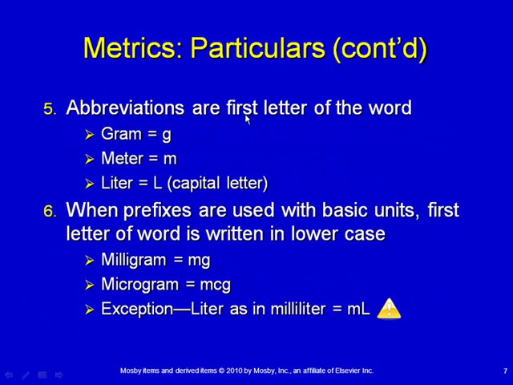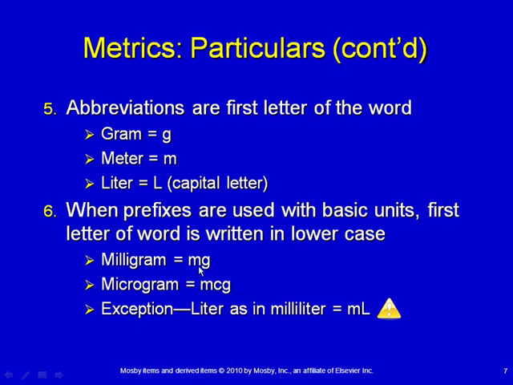Abbreviations are the first letter of the word: G for gram, M for meter, and a capital L. There's been confusion. We don't want a lowercase l, which could represent the number 1. We want a capital L for liter. So if we write milliliter, we would put a lowercase m and a capital L. When prefixes are used with the basic units, the first letter of the word is written in lowercase.